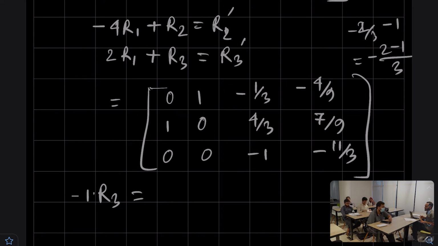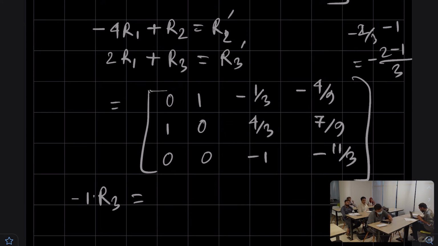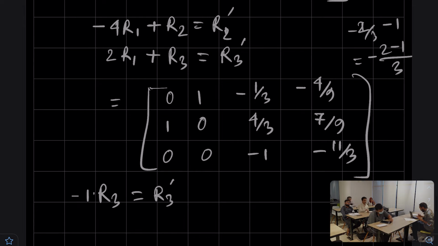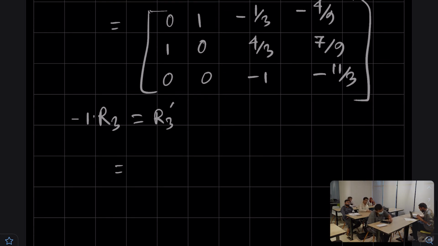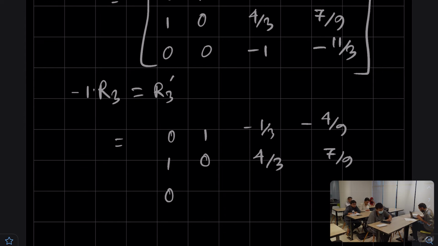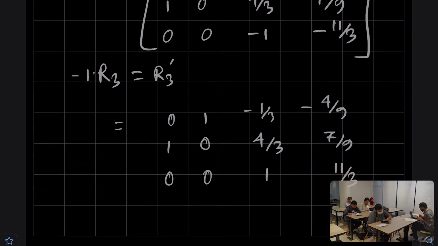So minus R3 equals R3 prime, then this is 0, 1, minus 1/3, minus 4/9, 1, 0, 4/3, 7/9, and 0, 0, 1, 11/3. Okay.